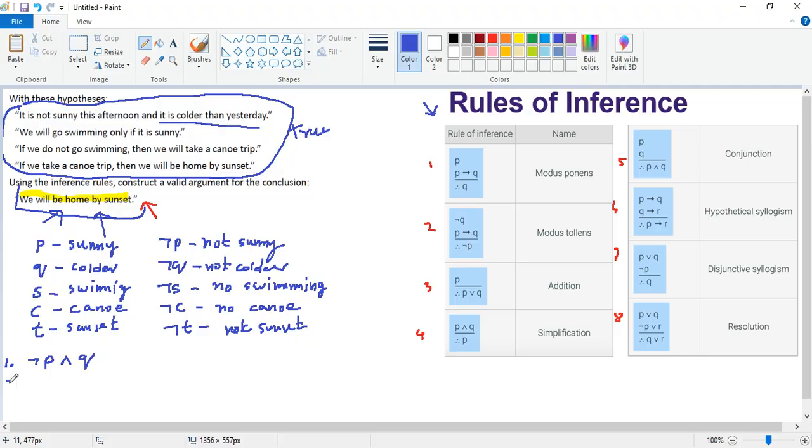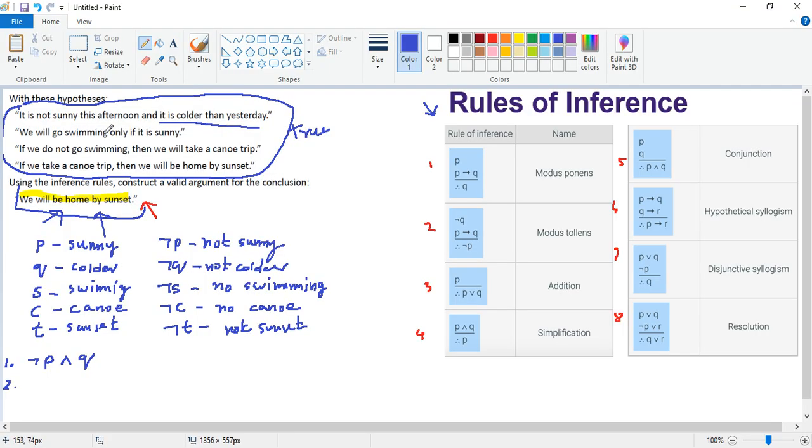Now the next argument is we'll go swimming only if it is sunny. You have to be careful with these types of sentences because it says we'll go swimming only if it is sunny. The natural tendency will be to write it as if it is sunny we'll go swimming, but that's not what it says. It says we'll go swimming only if it is sunny, right? So it doesn't mean that if it is sunny you will go swimming.